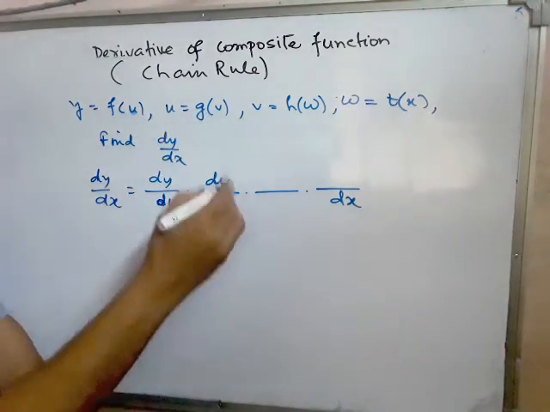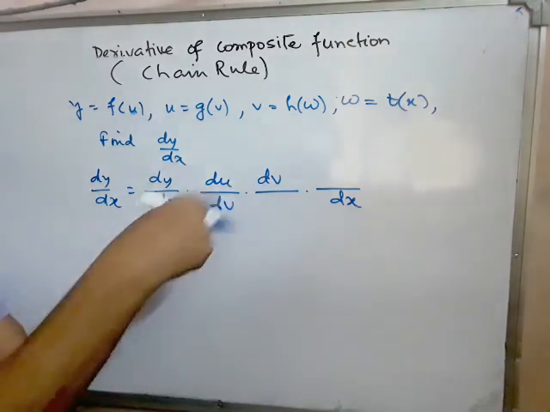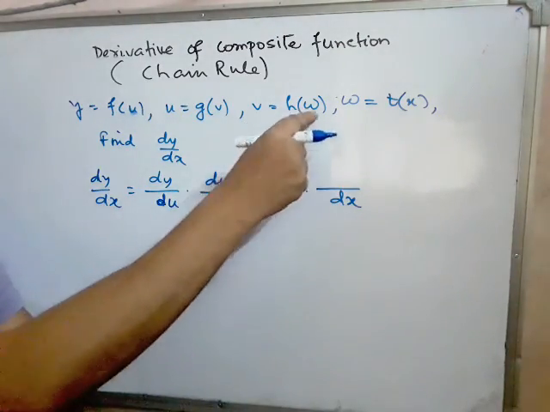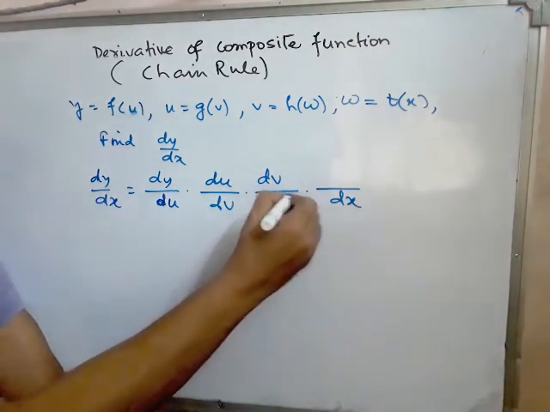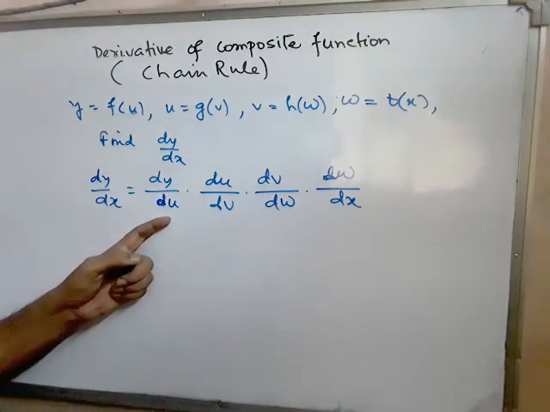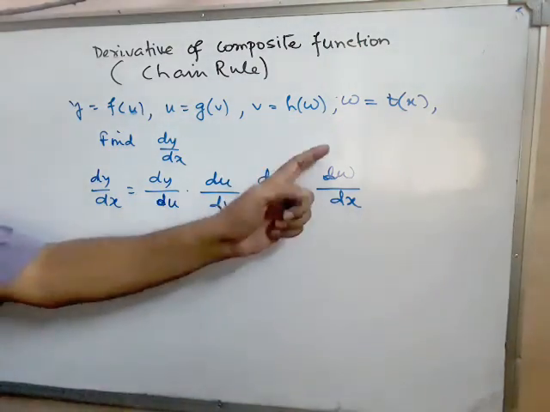Then u is a function of v, so introduce dv here, and dv we are multiplying so that it will be balanced. Then v is a function of w, so it will be dw and dw. So dy by dx will be dy by du into du by dv into dv by dw into dw by dx.